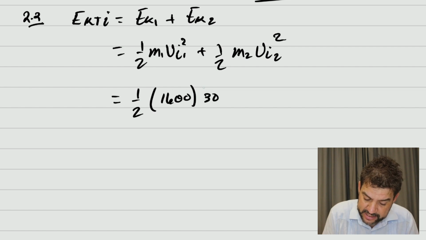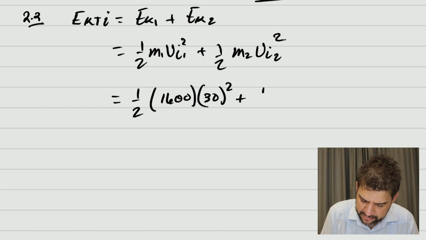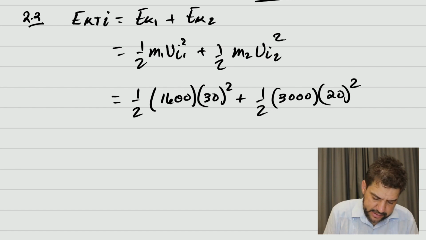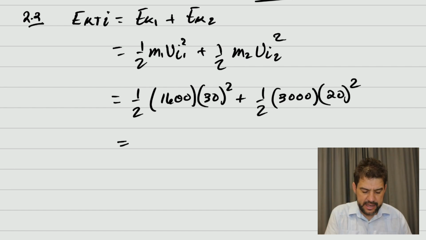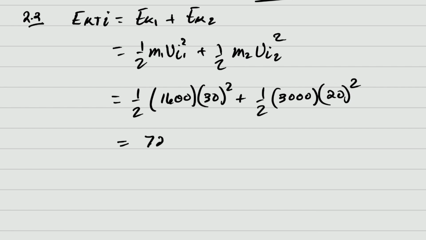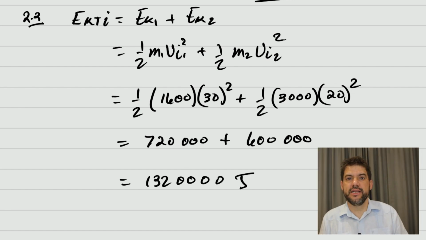No direction needed here, guys. This is plus half 3000 multiplied by 20 squared. And this is the total kinetic energy initial. Let me just do all the calculation, guys. That is what we get for the total initial kinetic energy.